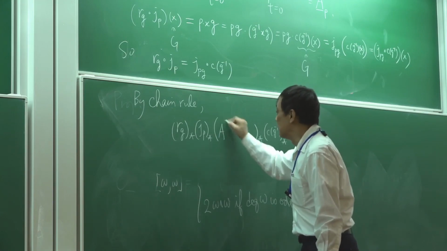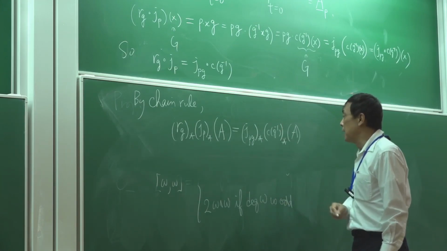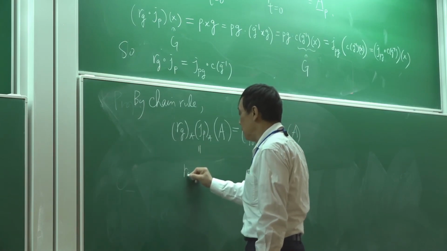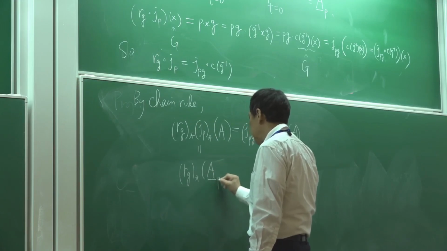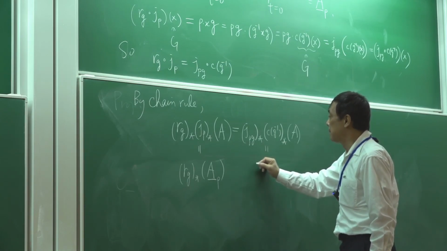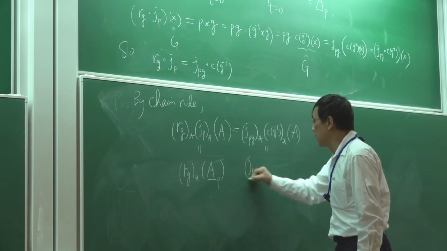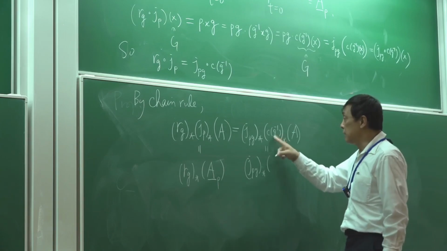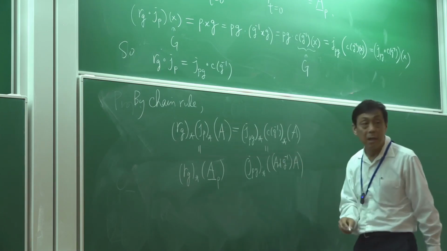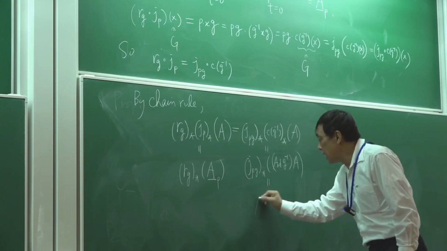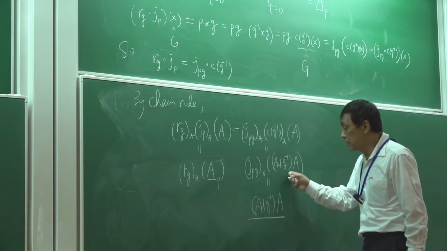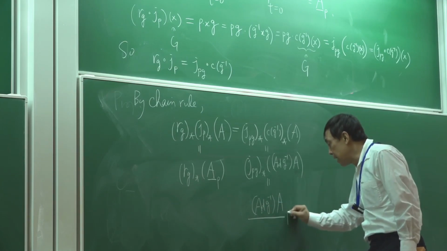And then I apply this to an element of the Lie algebra A. And so this will be R_g lower star of A bar p, and this will be j_pg lower star of the differential of conjugation, which is Ad g inverse A, and so it is the fundamental vector field associated to that element of the Lie algebra Ad g inverse A at pg.